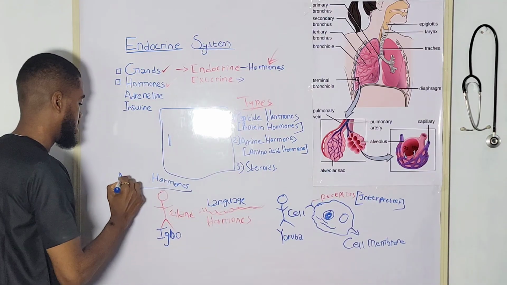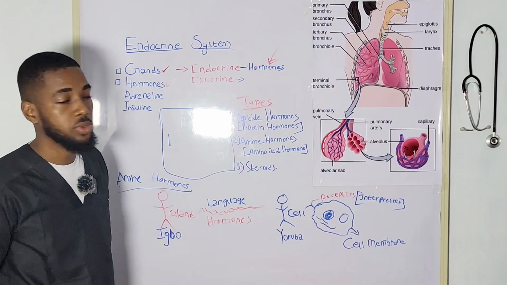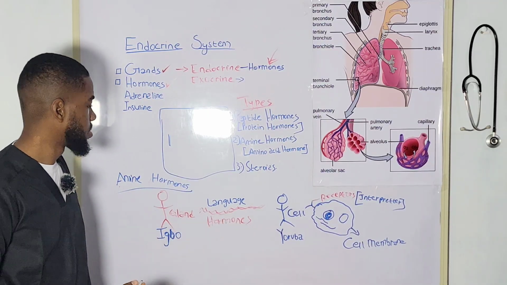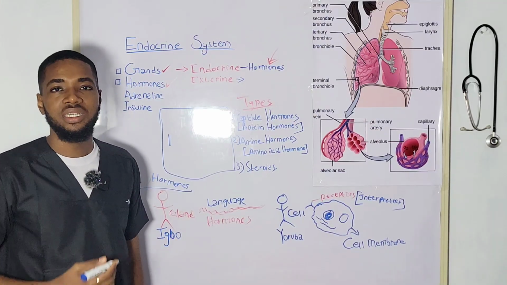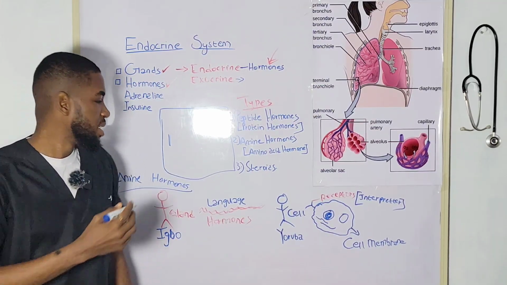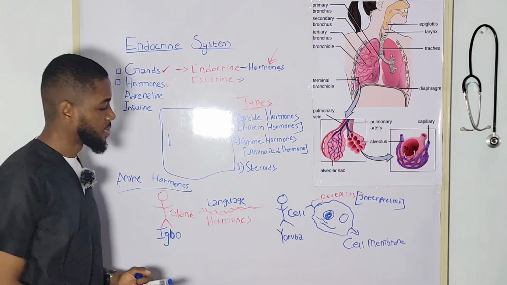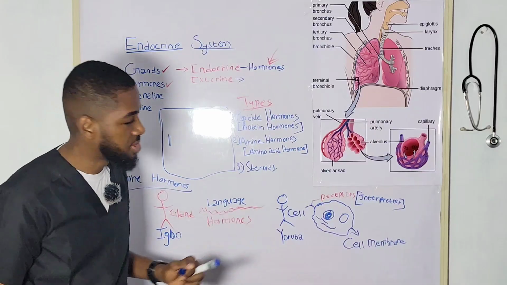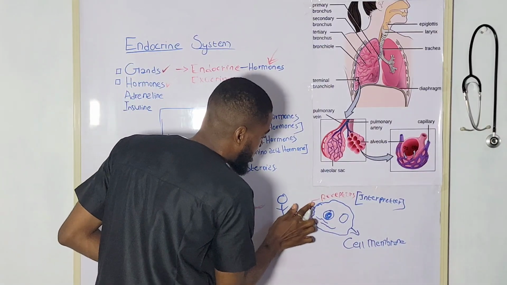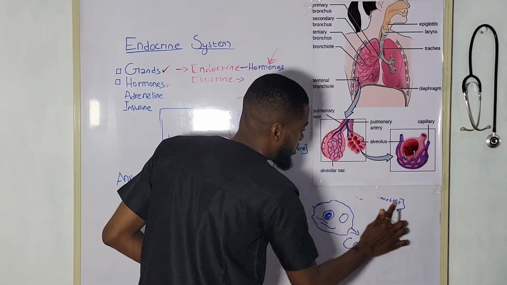Amine hormones. Now when it comes to amine or amino acid hormones, they do not need an interpreter. It means that amine hormones communicate directly to the cell membrane without the need of a receptor. In this case, we do not need an interpreter.